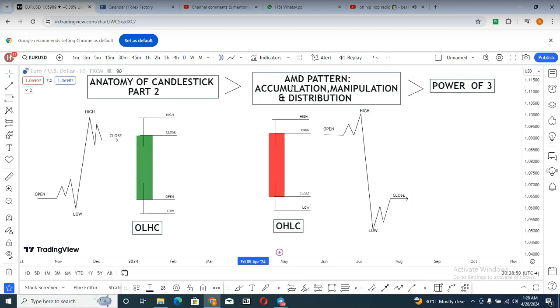They are the same thing, there's no difference. It's also called the anatomy of candle, the OLHC and OHLC, which is the same as accumulation, manipulation, and distribution, and also the power of three.